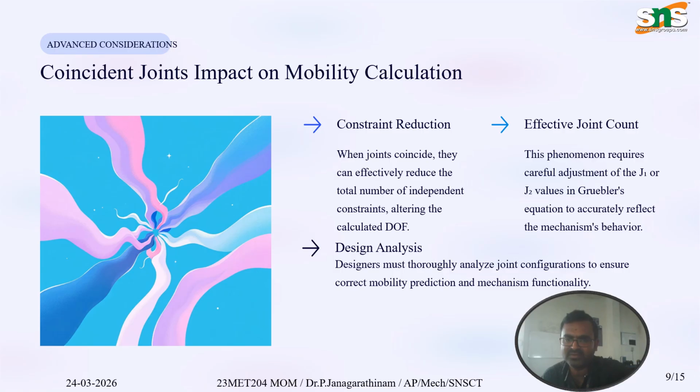Here we do design analysis to ensure the mobility prediction and that the mechanism functions, with different types of joints and links incorporated, and reductions may occur in the constraints.